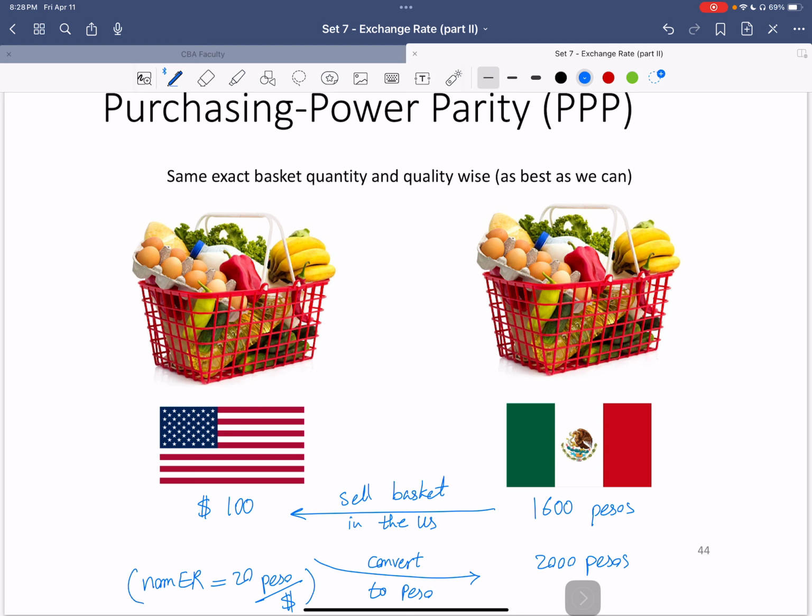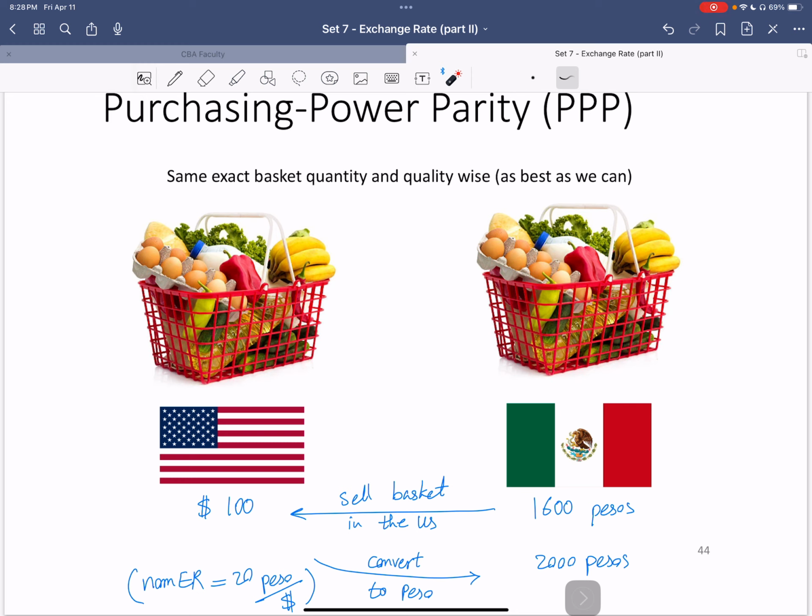Because of that, what happened? Exchanging this $100 to pesos is giving you some profit. See, you buy cheap, sell it, and because of this nominal exchange rate, you can exchange that to a higher amount of pesos.